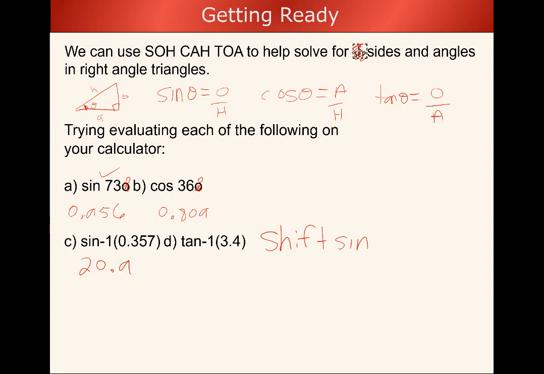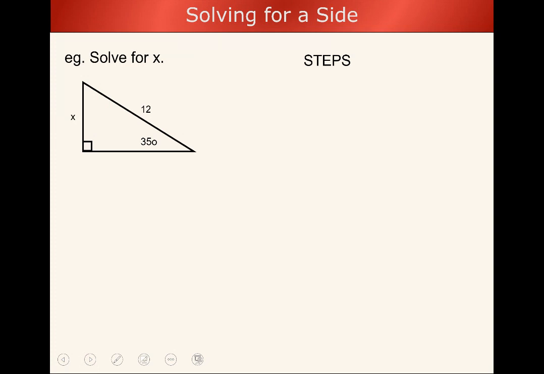And then shift tan of 3.4, and it gives me 73.6 to 3 digits. And that would be giving you degrees. These here are just decimals, and then these, it's 20.9 degrees and 73.6 degrees, all right? So if you're following with your calculator, make sure you know that you're in the right format and the right frame of mind if you can do that.